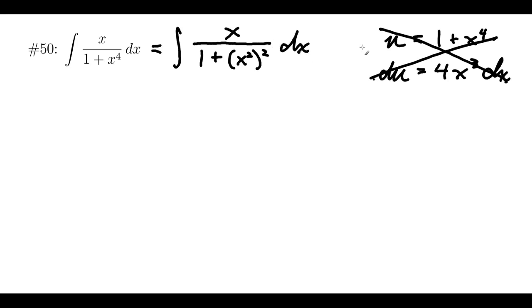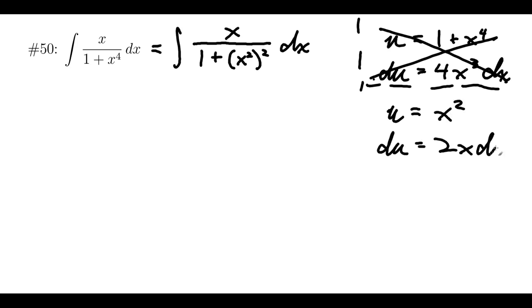So if we do this manipulation first, let's take u equal to this innermost thing, x squared. If u equals x squared, du equals 2x dx. And we do have an x floating around, don't we? That means that a half du is equal to x dx.